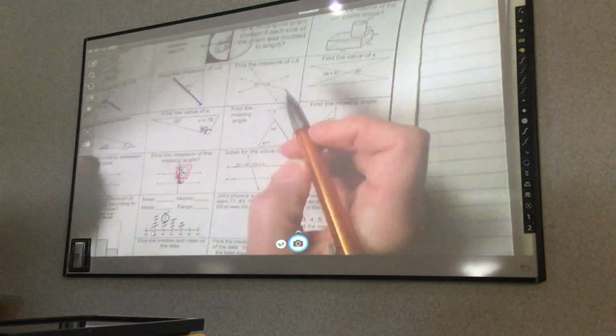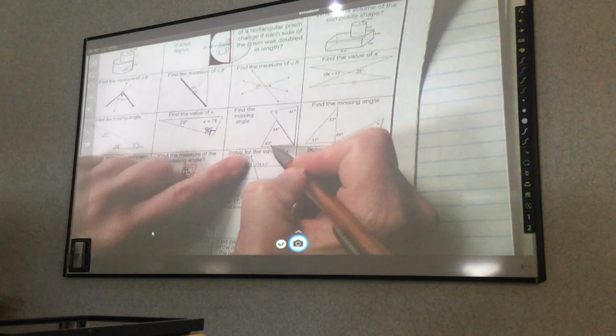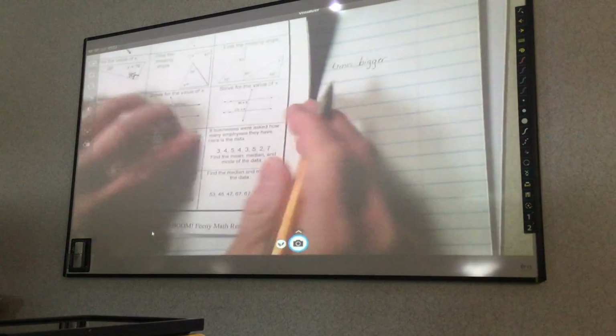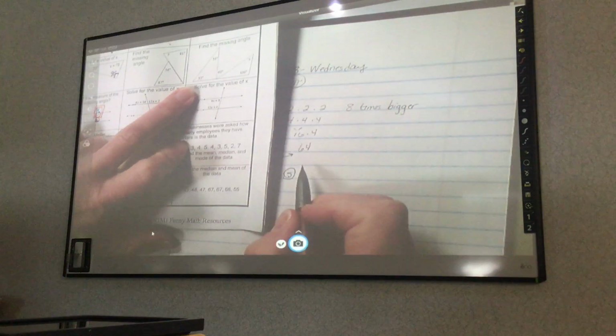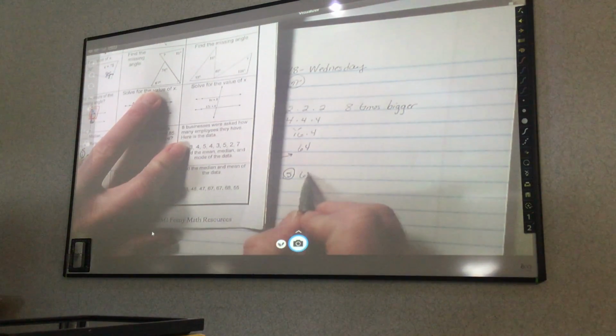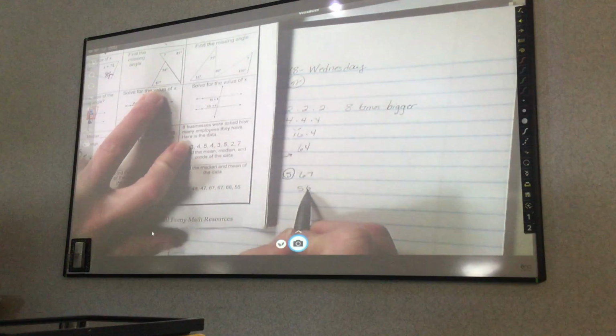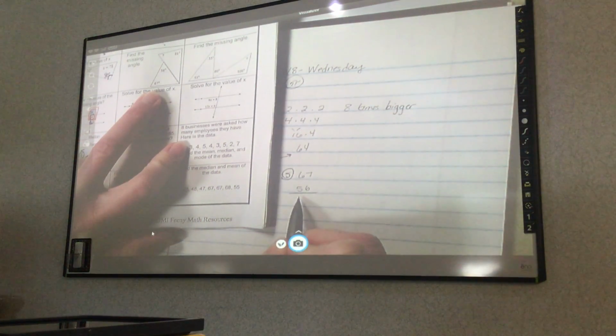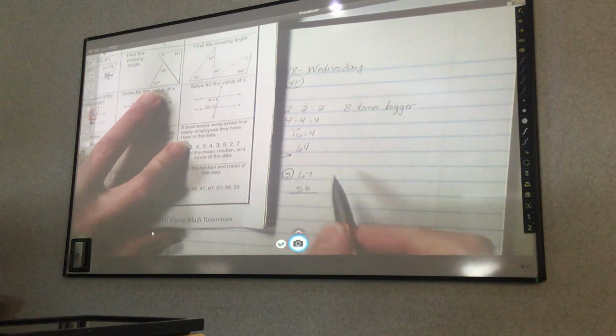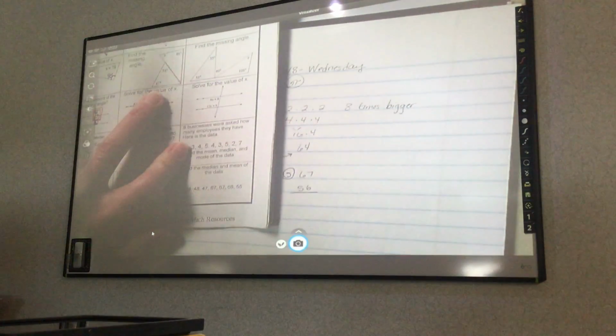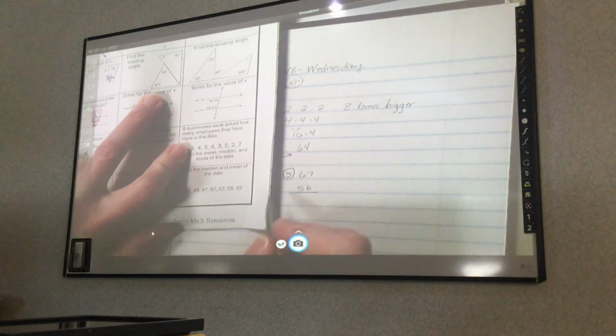Find the missing angle. So I know the 67 and 56. So I add 67 plus 56, what is it? 123.